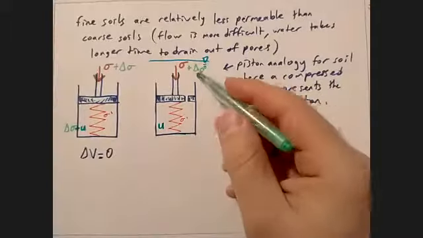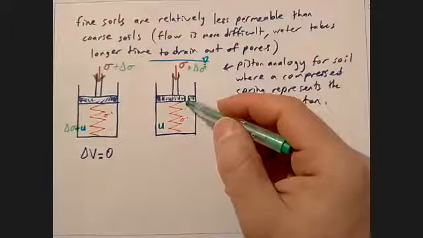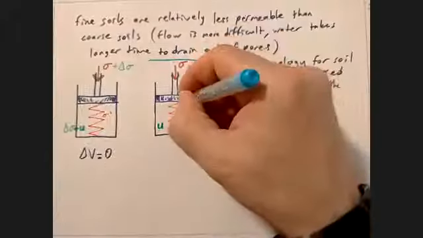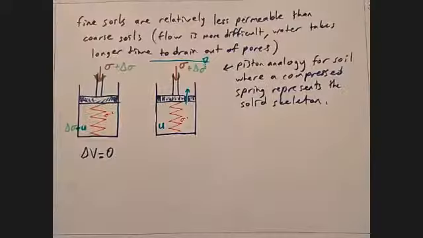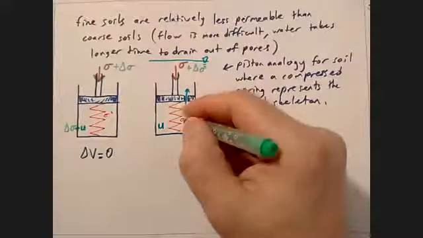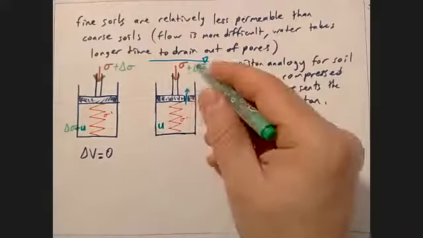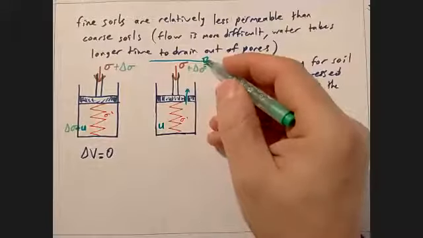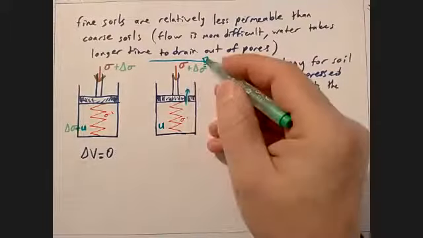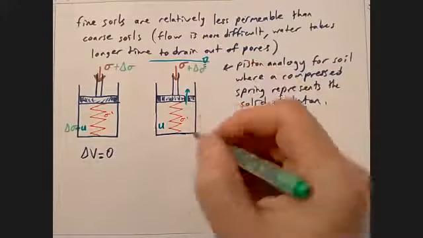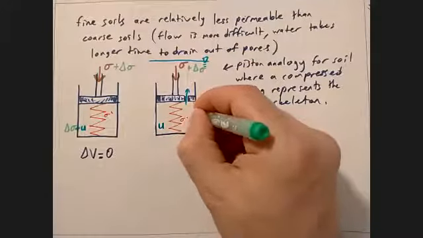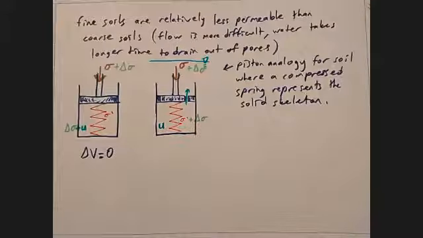Whereas in this one, because I have a hole, water can come out. And as the water comes out, I will be able to compress the spring. And because through the hole, my water pressure inside the piston is still in equilibrium with this water surface up here, the water pressure is not going to change. So the effective stress is going to take the extra load.